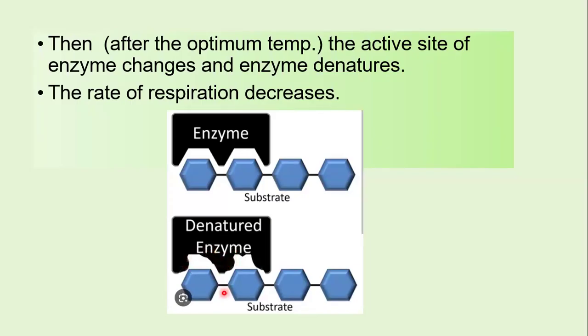So this substrate can't bind with this enzyme because the active site is no longer in the correct shape. So the substrate can't bind any longer with the enzyme and the rate of respiration decreases when temperature is increased above the optimum temperature of the enzyme. So you have to include these points in your answer to gain full marks.